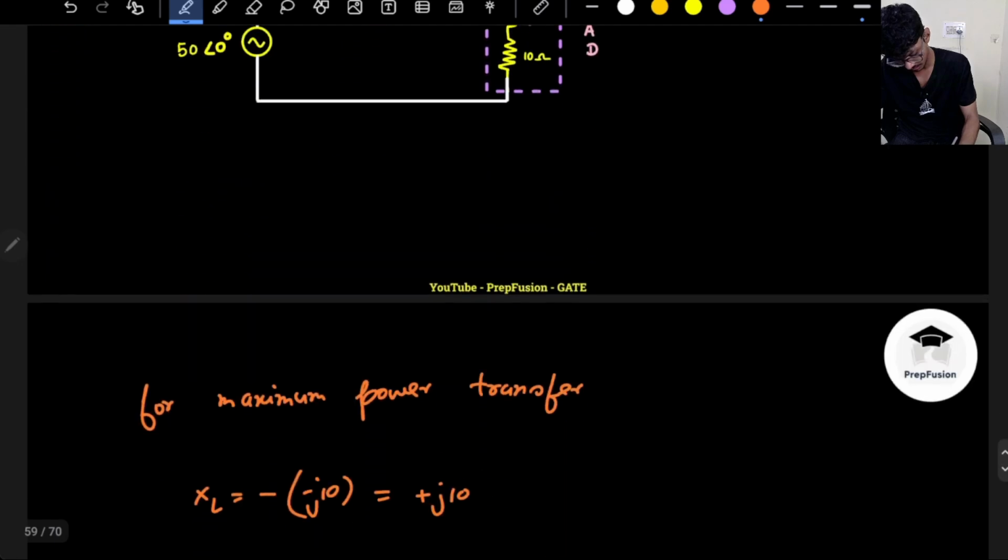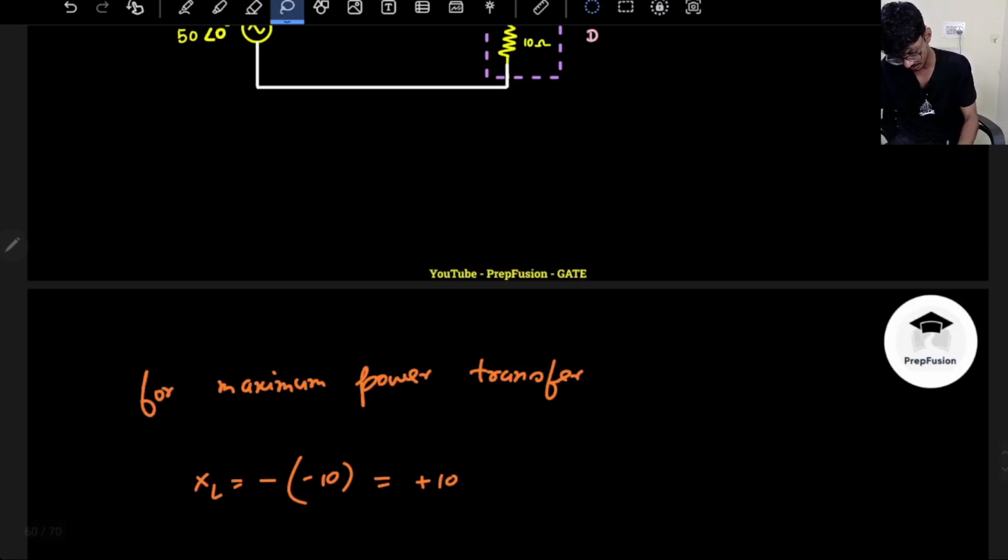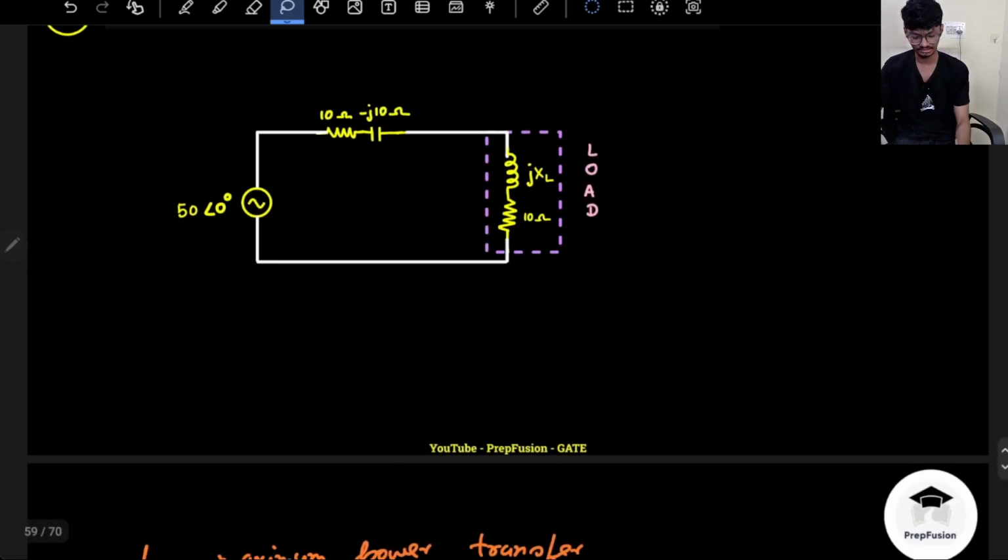That is what you have to be careful about, because the J sign is already there, so I will not include the J sign basically. So this will be plus J10, right? That is the only thing you need to take care of, and after that everything is sorted, right?